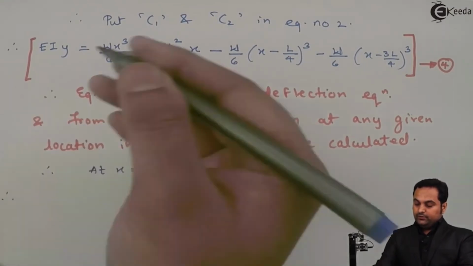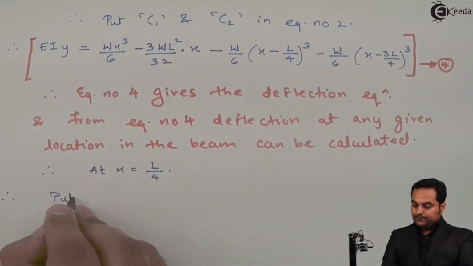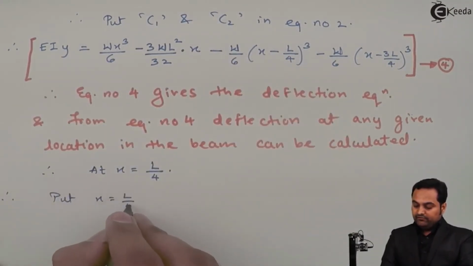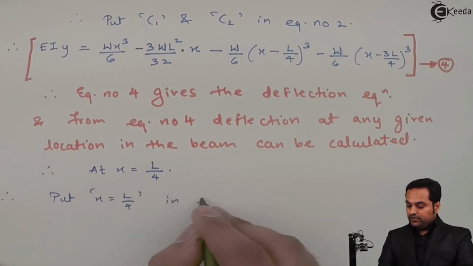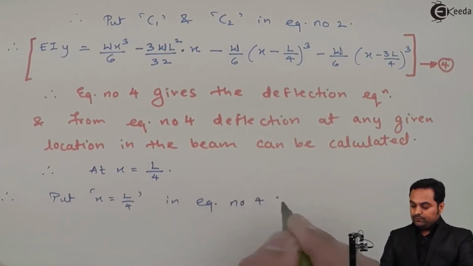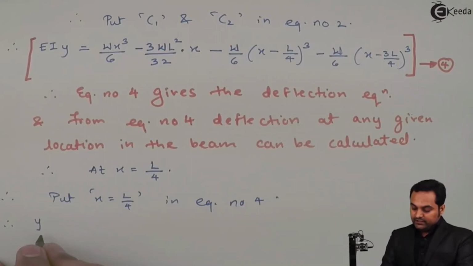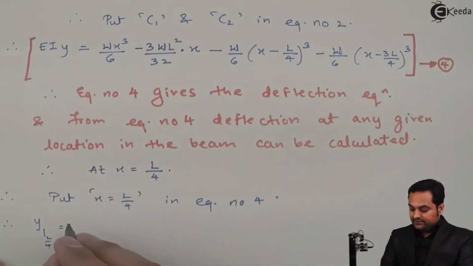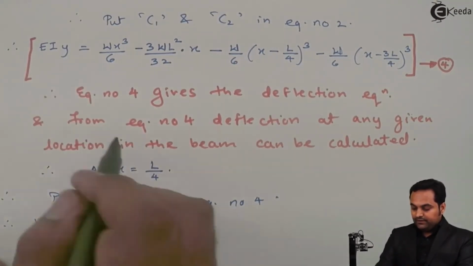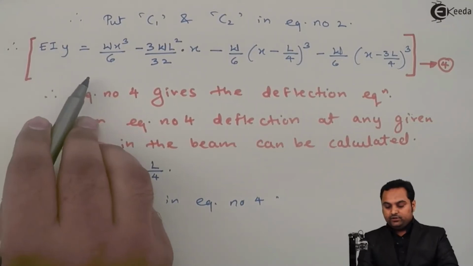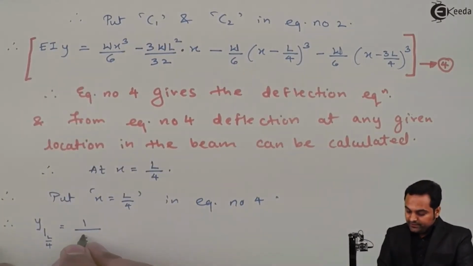So put X is equal to L by 4 in equation number 4. So now if I put the values, Y I will keep as it is, and this we are calculating at L by 4 distance. EI, I'll send it here. It gets multiplied on the left hand side, so on the right hand side it would be divided.